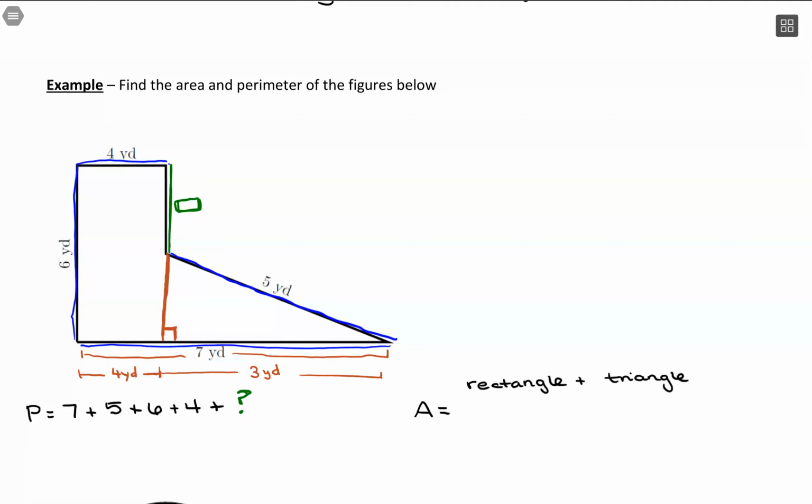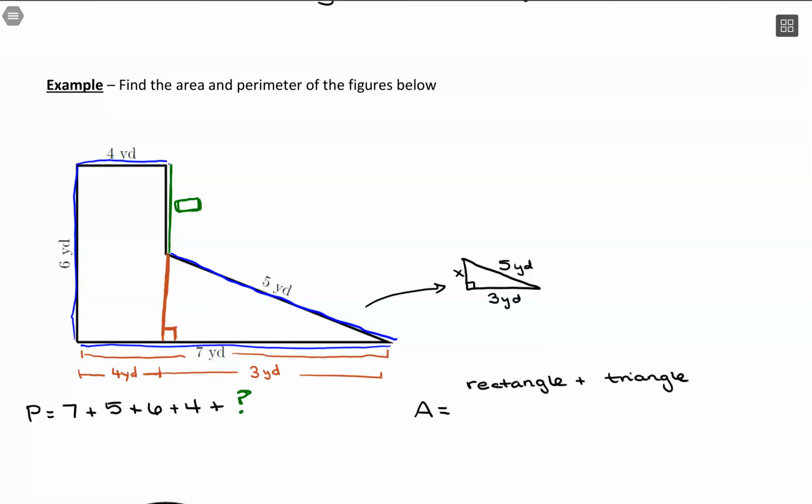So with this triangle, sometimes what could help is separating it, like just grab that triangle so we can look at it on its own away from the rest of the question. We know we have 3 yards down here, 5 yards for the hypotenuse, and what we don't know is the height of it.